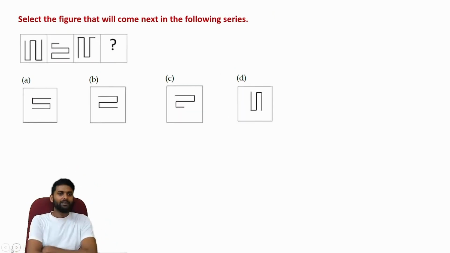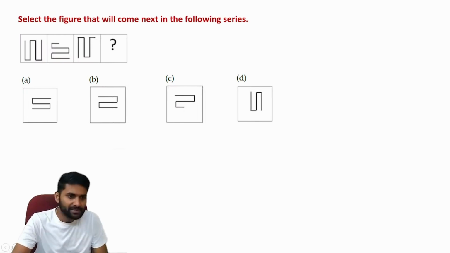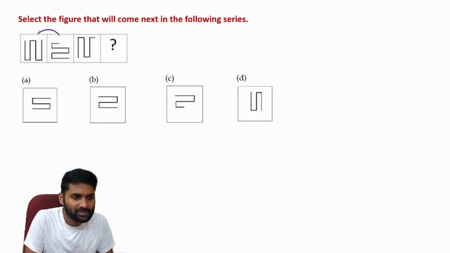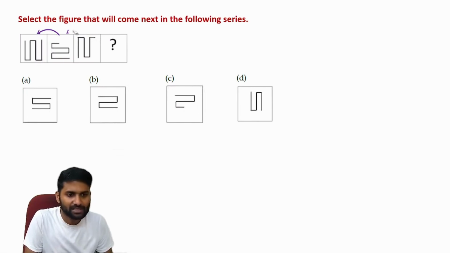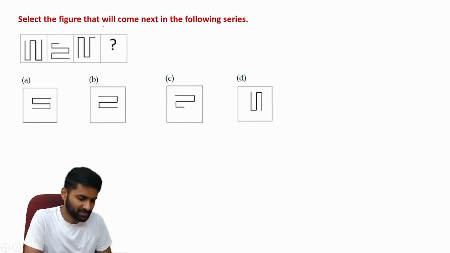Select the figure that will come next in the following series. See, series means the second one depends on the first, the third depends on the second. So the final answer completely depends on the previous sequence. See, observe the sequence. What can be the next picture?